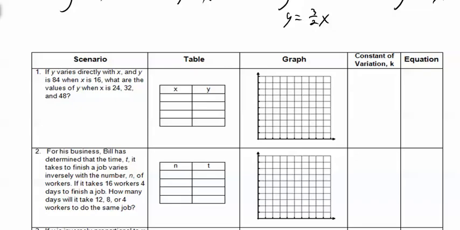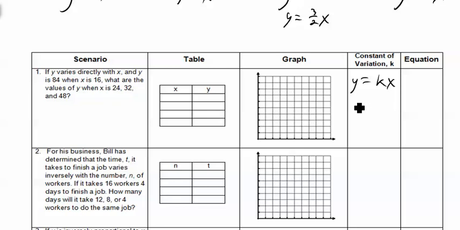Alright, for these ones on the bottom, so we're going to just take a look at our situations here. So it says if y varies directly with x, so we know that that's going to be y equals kx. And k is y divided by x. So y is 84 and x is 16.